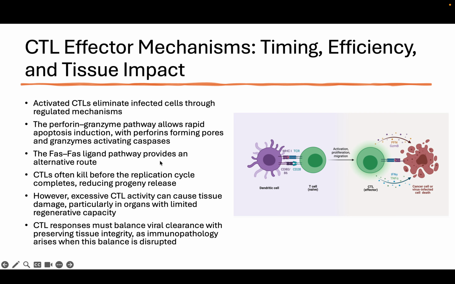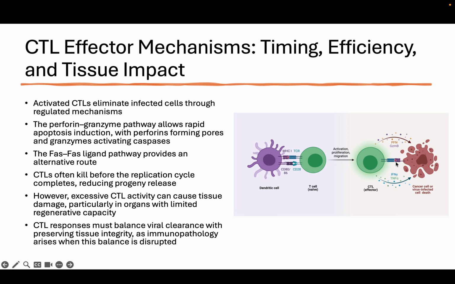And another thing that we also know is super important is your cytotoxic T cells. Their timing, their efficiency, and their tissue impact are extremely important. Because we know that once we have a dendritic cell presenting through your MHC1, it teaches T cells. Now you have a nice cytotoxic T cell, a CD8 one, that is able to recognize virally infected cells through the MHC1, and this can really cause a lot of killing.